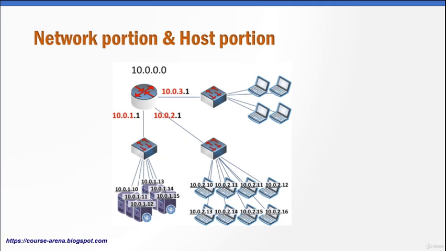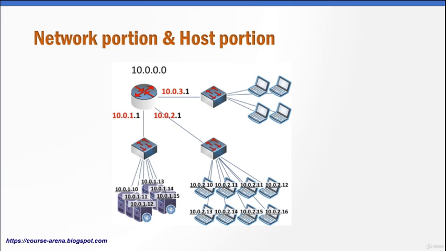Now let's look at our second network. All of the devices have IP addresses like 10.0.2.something. The first laptop is 10.0.2.10, then the second one is 10.0.2.11. You can again notice the rule here.